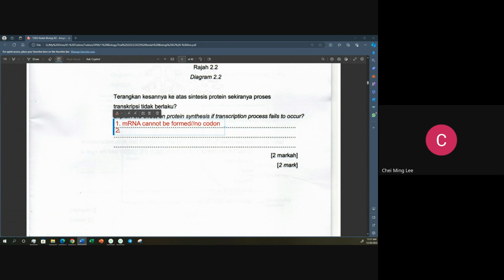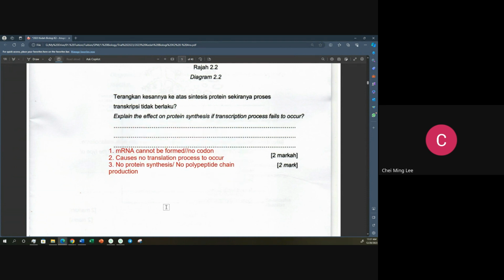This will cause the translation process to fail, so no translation occurs. With this, there will be no protein synthesis, or no polypeptide chain will be produced. Choose any two from here.